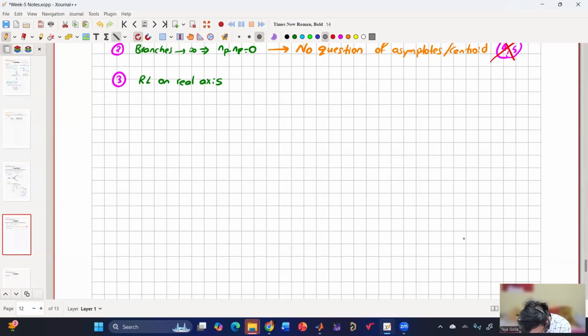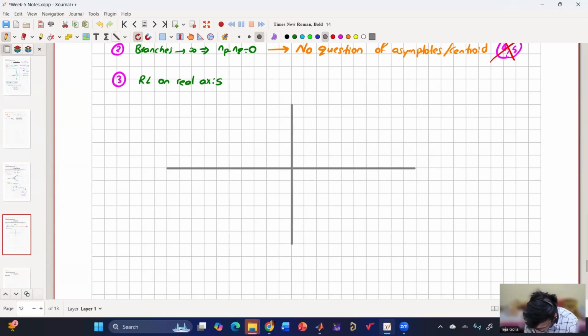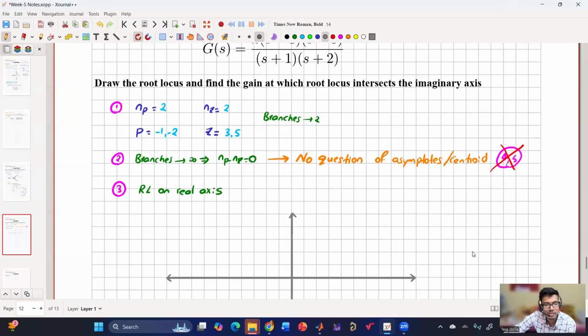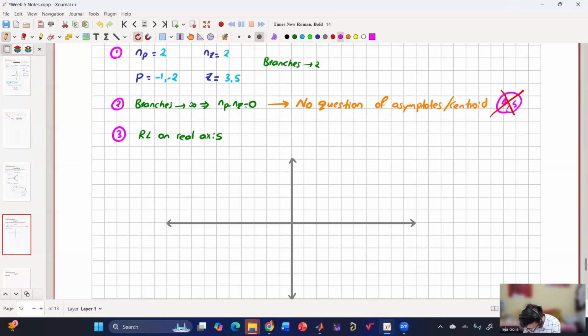If you have any queries, please stop me at this point, else I'll just proceed. I will consider the real axis at the center, because I have -1, -2, 3 and 5. So I have -1 and then -2 here.